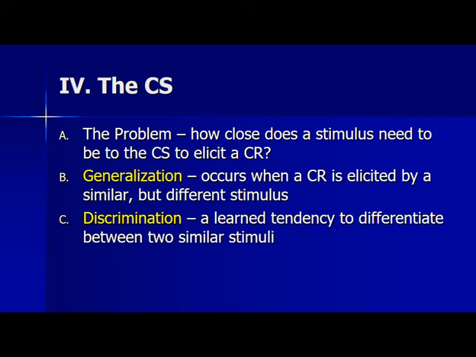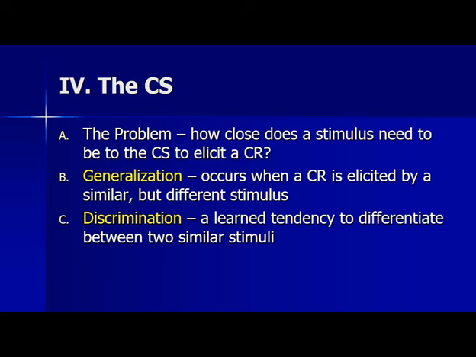Discrimination is a learned tendency to differentiate between two similar stimuli. So if we're interested in whether or not the dog can tell the difference between green and blue, we'll feed it meat powder every time we present the blue light, but never when we present the green light.